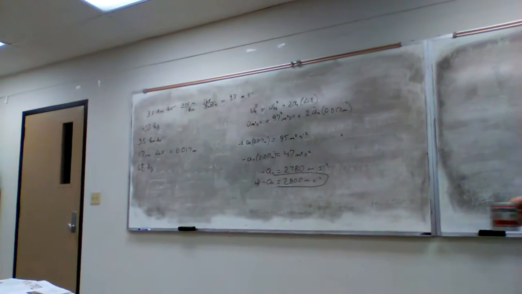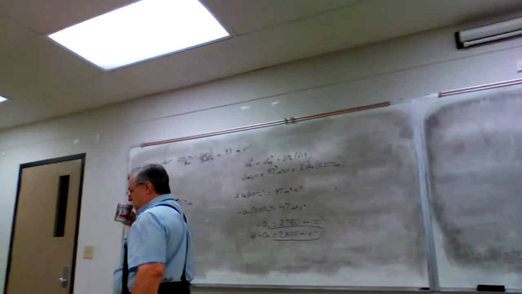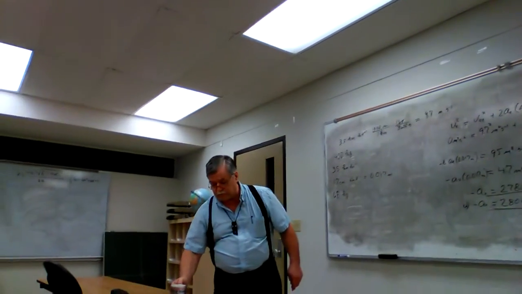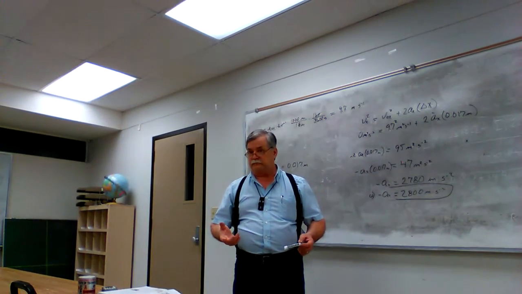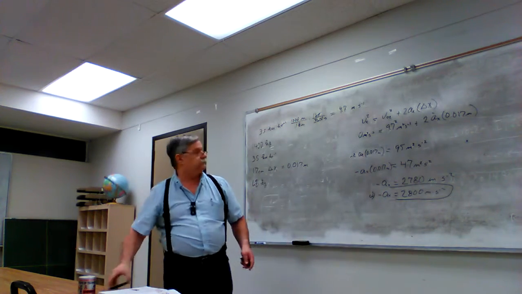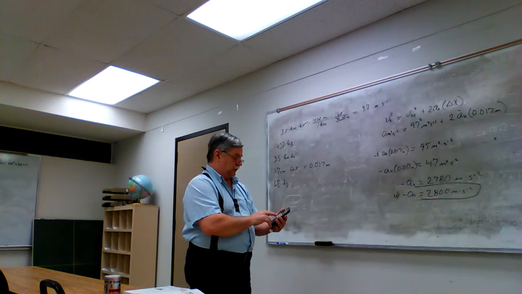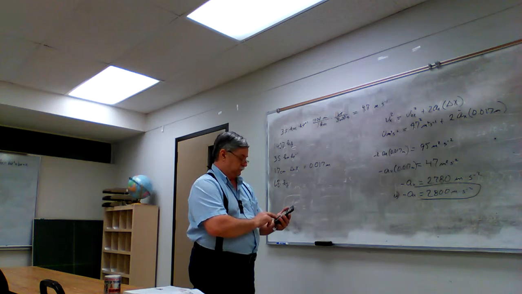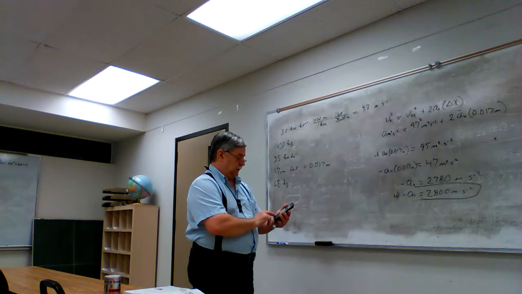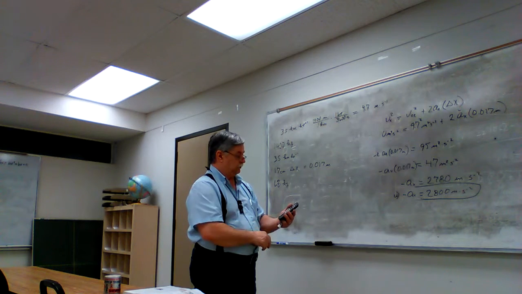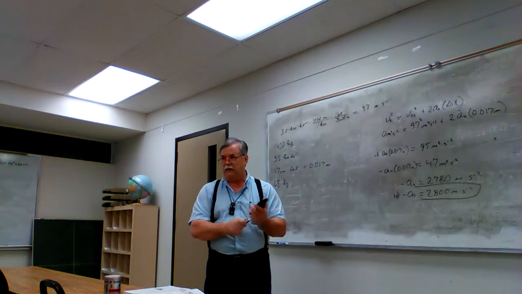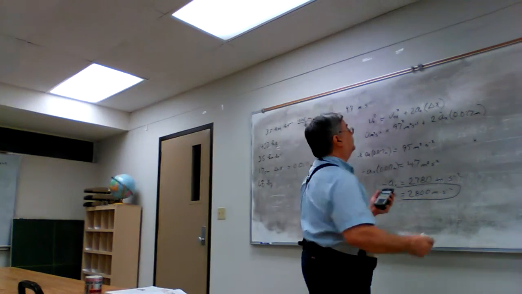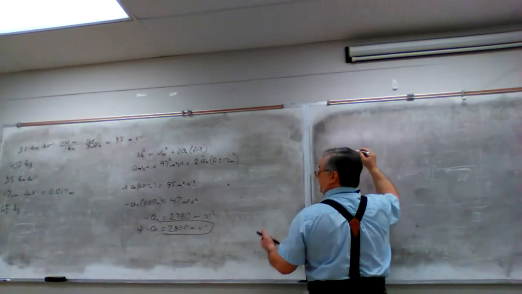Okay, what's the next question? How many G's is that? Well, 1 G is what? How many meters per second squared? 9.8. So if we divide that 2,800 by 9.8 meters per second squared, that gives us 285.7, which to 2 digits would be 290 G's.